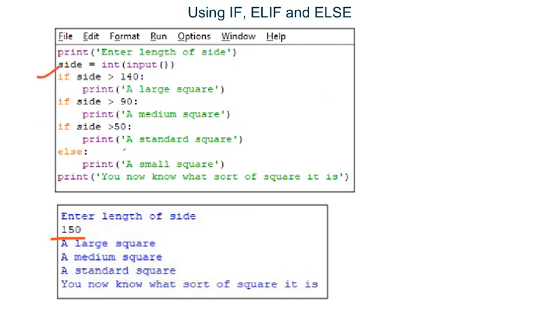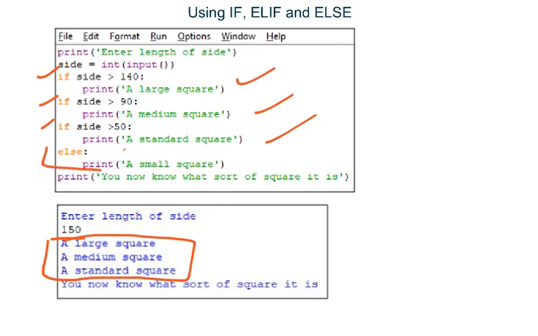Because we have used 3 ifs instead of using an if followed by 2 ELIFs, all 3 of these checks are done, not just one of them. Therefore, we've ended up outputting 3 different sizes of the square. We do not end up outputting a small square because the else only happens if the if hasn't happened.